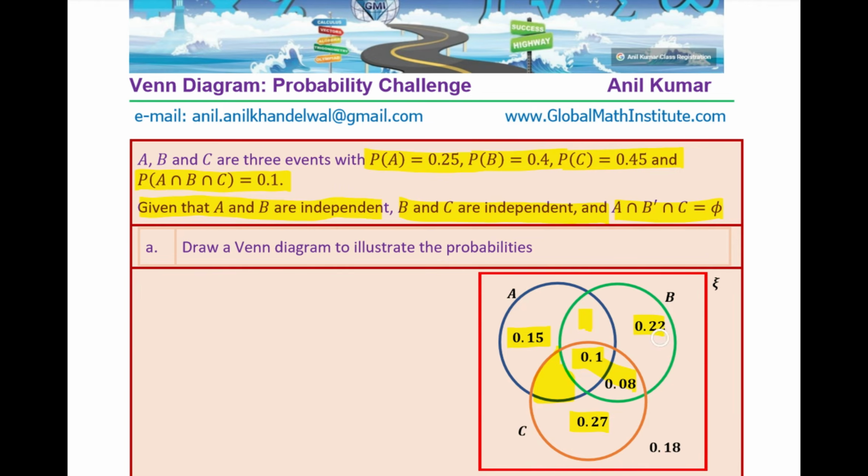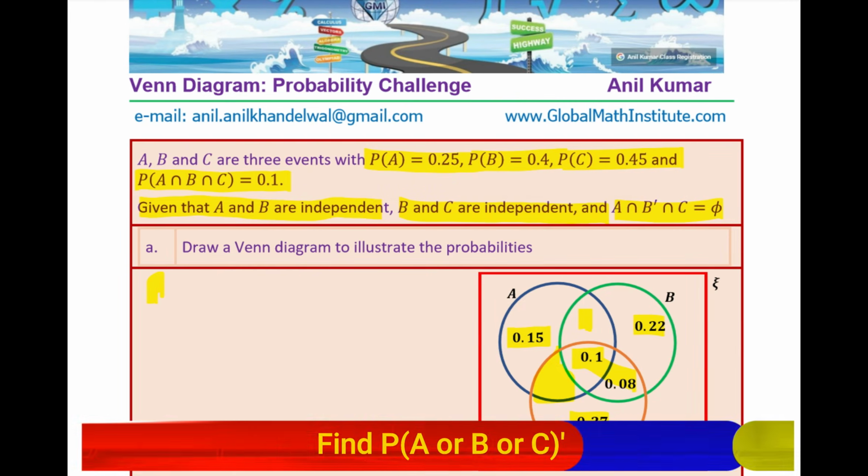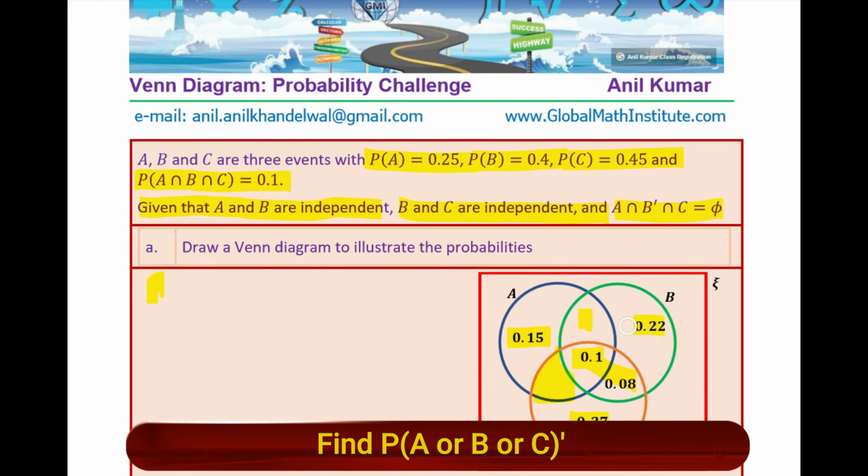Once you do all this, one thing is left, and that is the total probability is 1. The sum of probabilities should be 1, right? So we are looking for adding all this. What comes outside is very, very important.